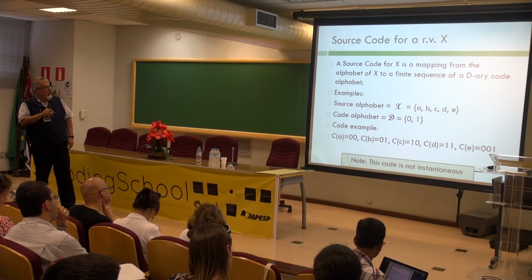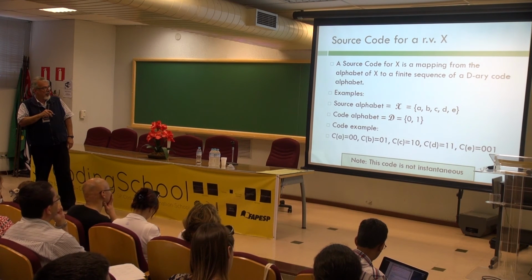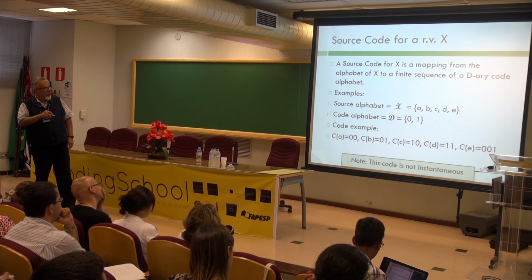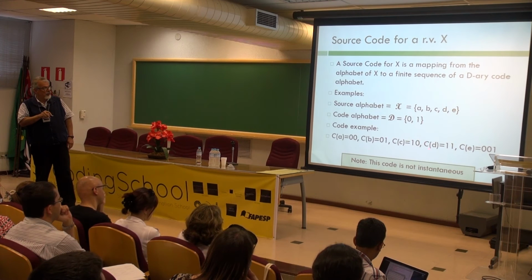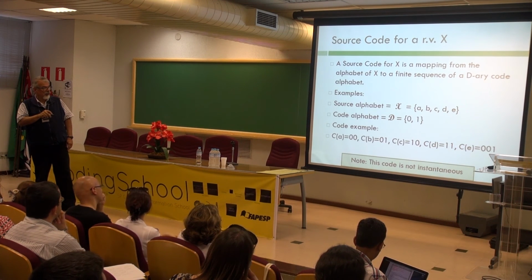Just for example, suppose you have a source alphabet A, B, C, D, E, and the code alphabet is just a binary alphabet. Then the code for A is going to be 0 0, code for B is going to be 0 1, code for C is going to be 1 0, code for D is going to be 1 1.